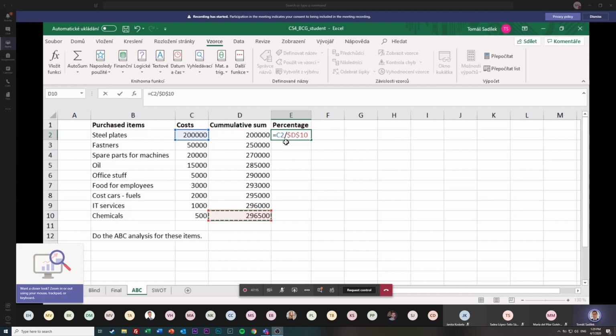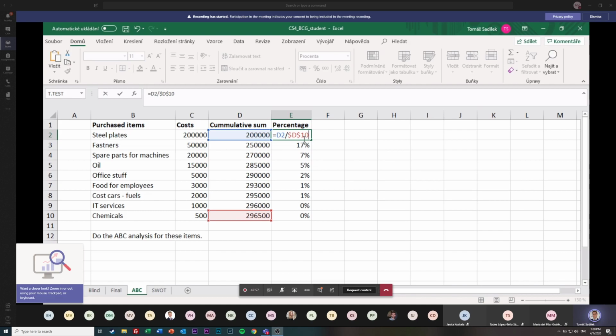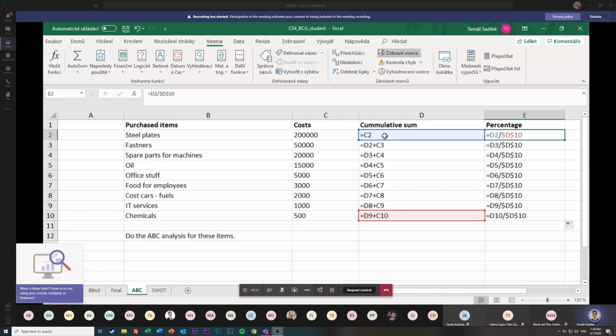So D2 divided by $D$10. Sorry for my mistake. I'm going to show you the formulas again. So we are counting not the individual cost, but the cumulative sum to the total sum.